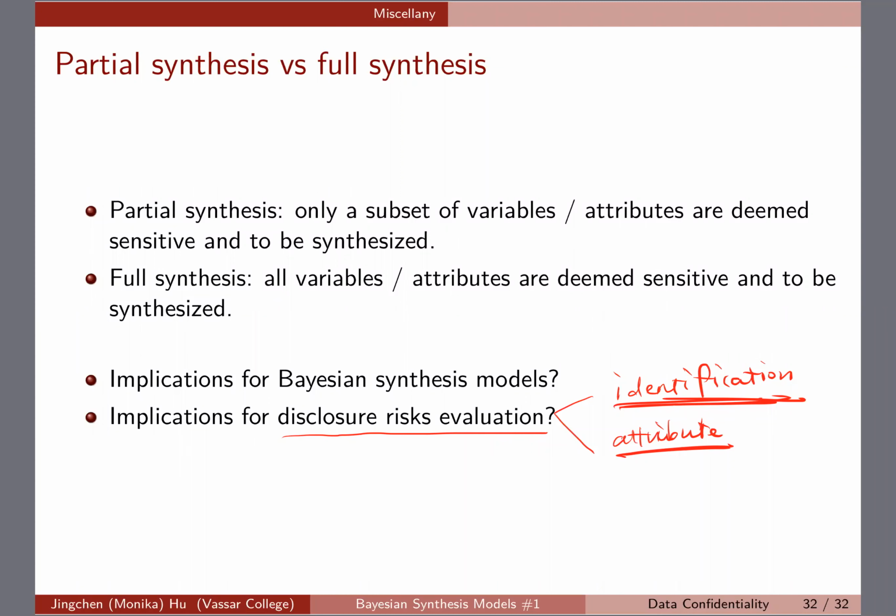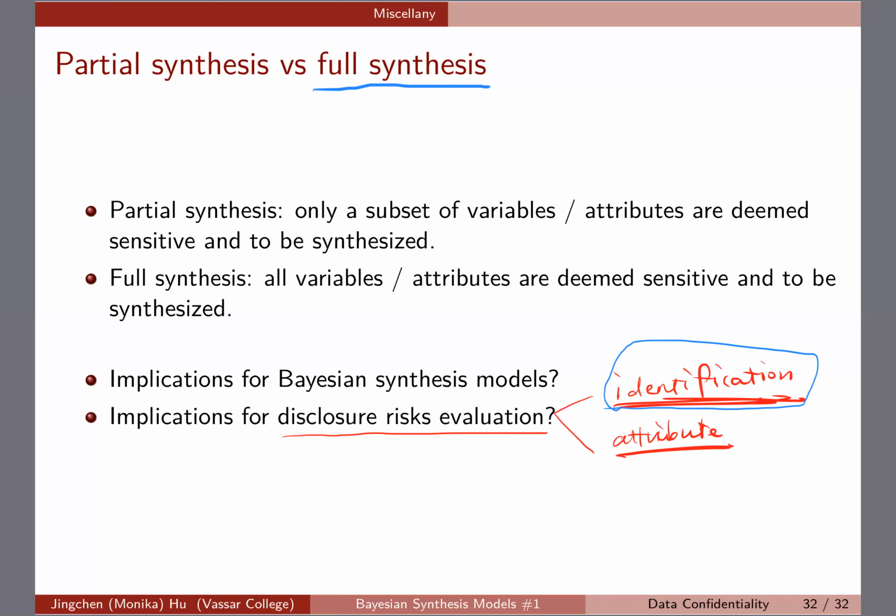People's conclusion by now, though we might disagree later when we get to how to evaluate those risks, is that when you do full synthesis, typically people think there's no more identification disclosure because you change every variable. Remember how we thought about identification disclosure at the beginning of the semester, even though we weren't doing synthesis at that time? We were evaluating how risky each record is if the data set is released as it is.